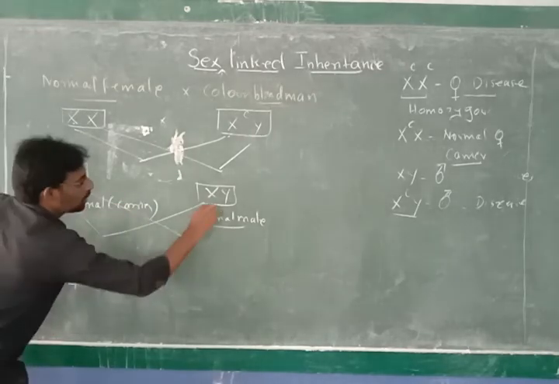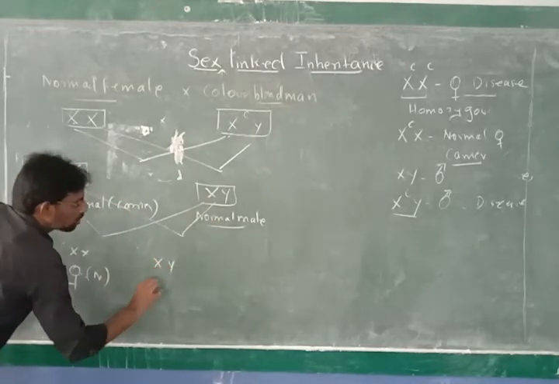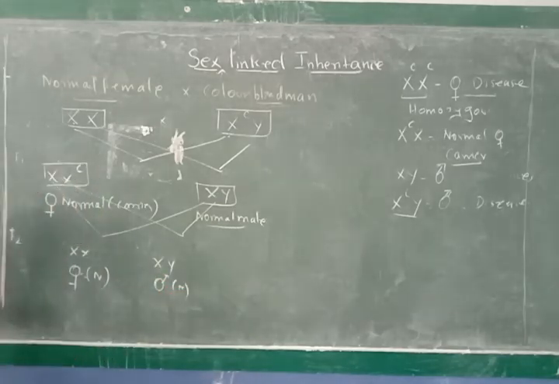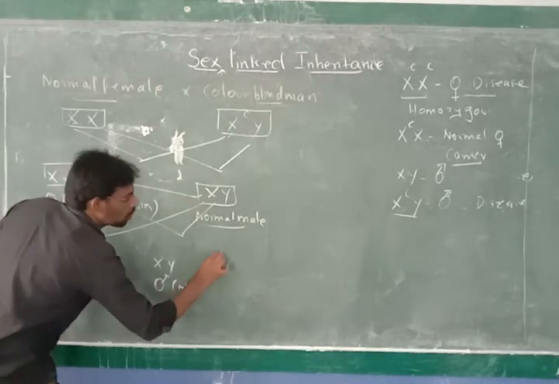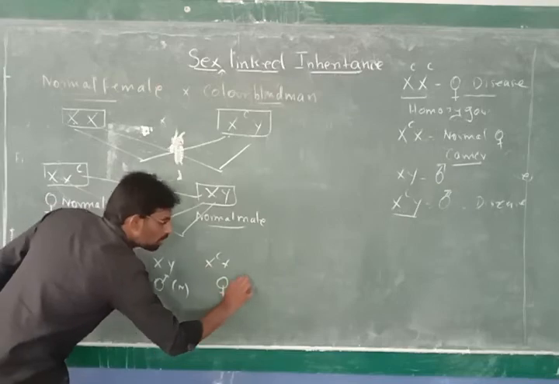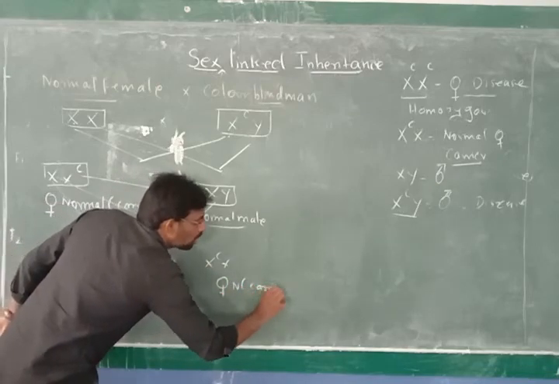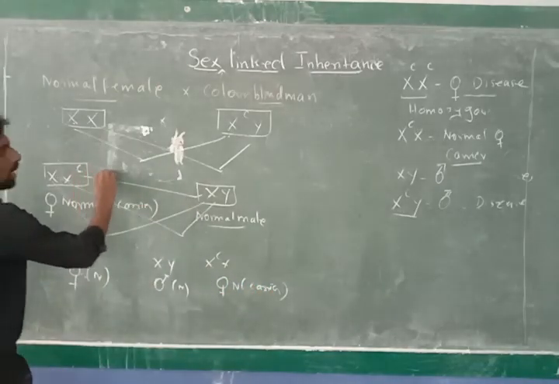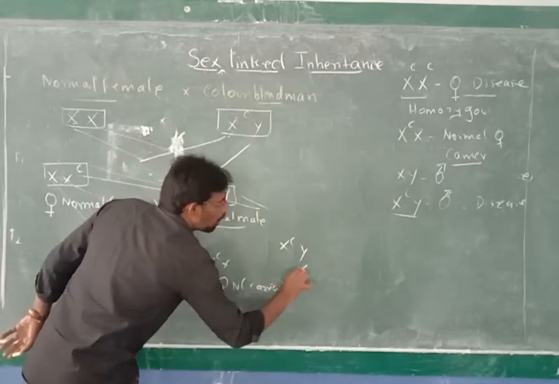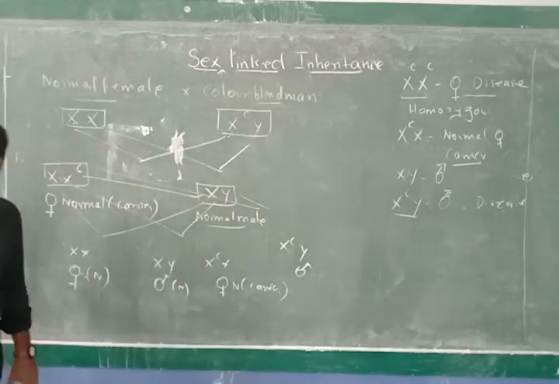Now this is a male, but it is normal. Now this and this join, giving a female, normal, but still she is called a carrier. But when this and this join together, it gives a male, but he is diseased.